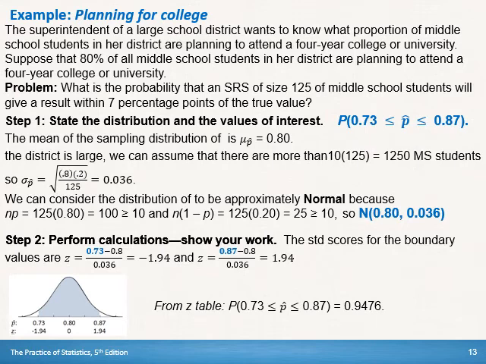We can certainly do that with our calculators as well, and that's what I would expect most of you are doing at this point. You're not really going back to your z-score table calculations. You're going to use your normal CDF.